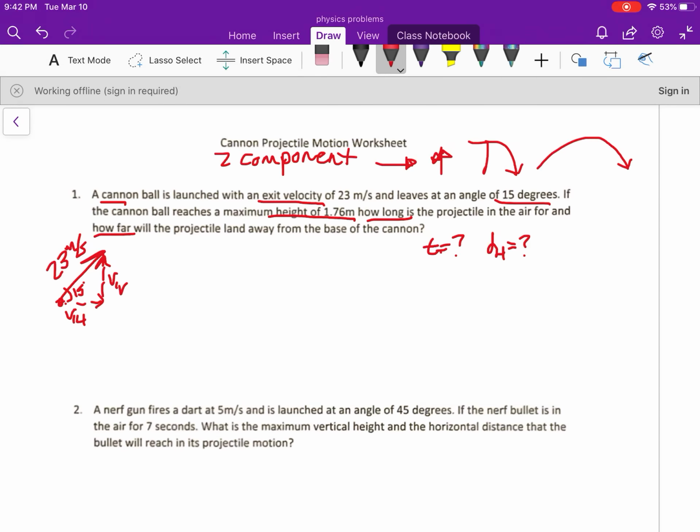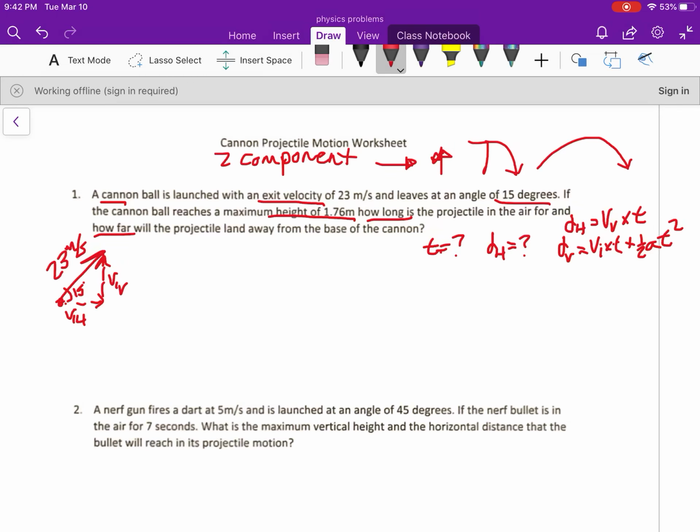Just like the other problems, I want to write down the equations that I'm going to use. Distance in the horizontal equals velocity in the horizontal times time. Distance in the vertical, but now I have an initial velocity in the vertical direction, so I have to include that: VI times t plus 1/2 a t squared.